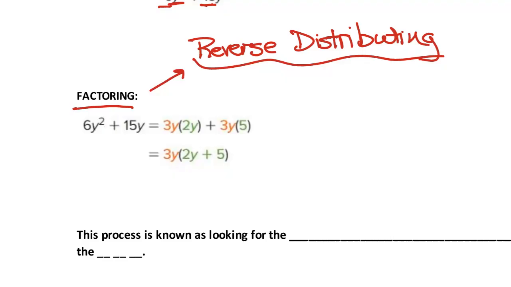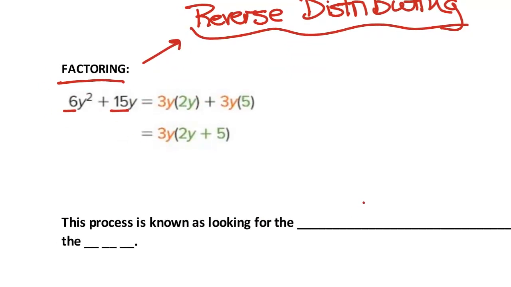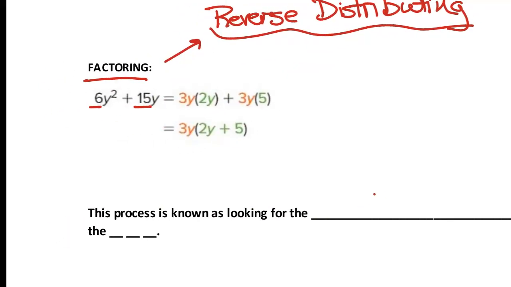So first of all, just as before, you look at the coefficients, 6 and 15. Can you turn that down just a little? Thank you. You always start with your smallest coefficient, okay? So start with the smaller coefficient. So that's going to be 6.